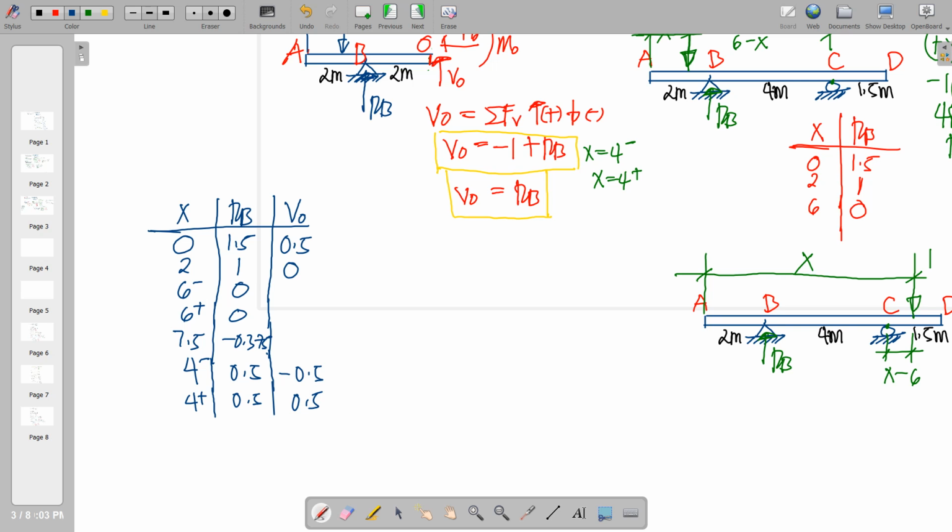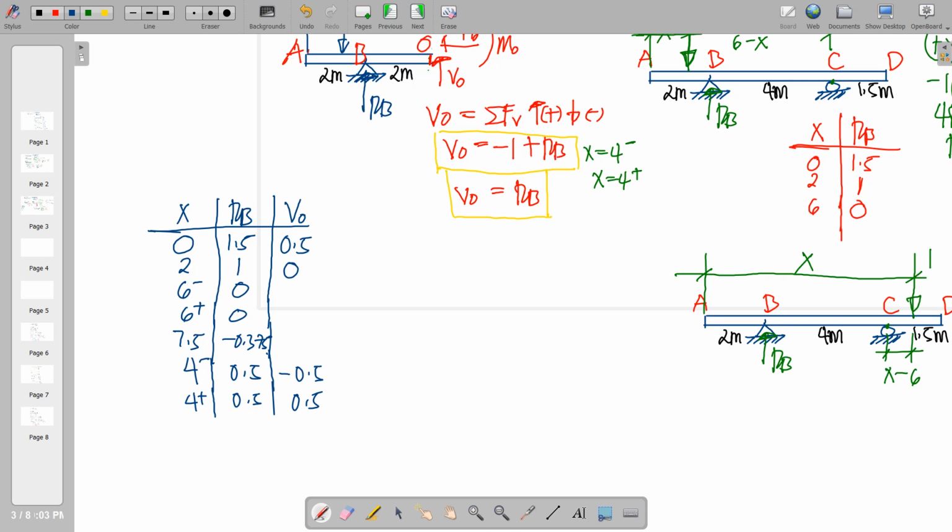Next, what will be the value if your x is 6? If your x is 6, regardless of just left and right, we'll have the same value, equal to 0.